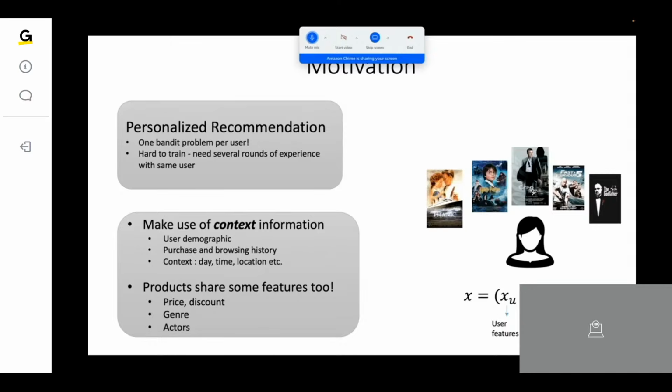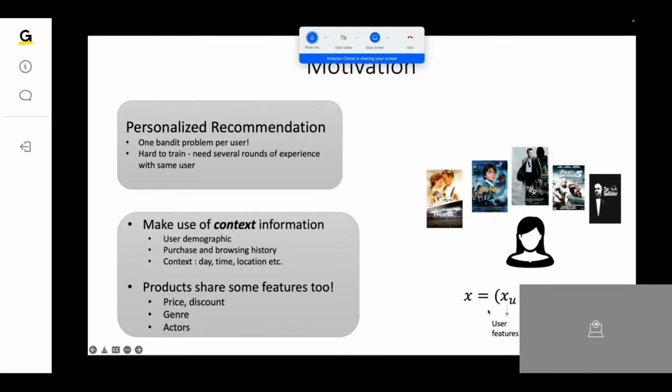Finally, products can also bring in some features: what is the price of the product, warranty information, if there's some discount running. If we are recommending a movie, then what's the genre of the movie, what are the actors? So they all also carry very useful signal for recommendation.